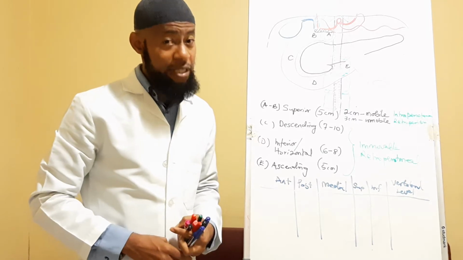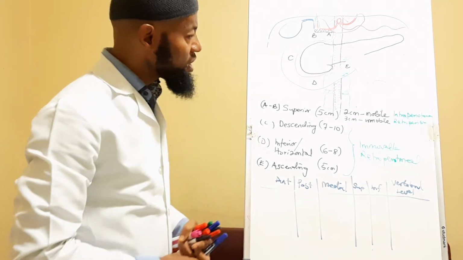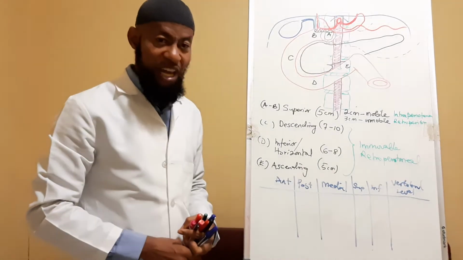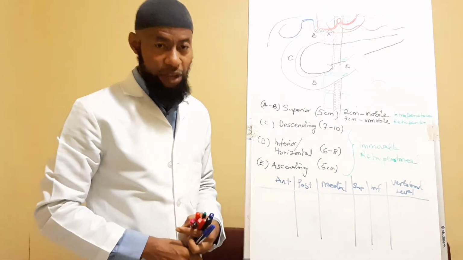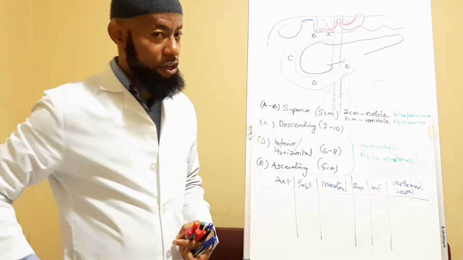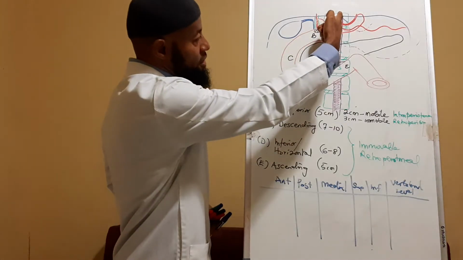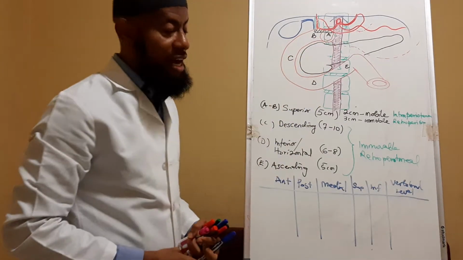That's the psoas major, alright? So it helps in causing flexion of the thigh, okay? Flexion of the thigh at the level of the hip joint. So that muscle runs all the way passing through that region.